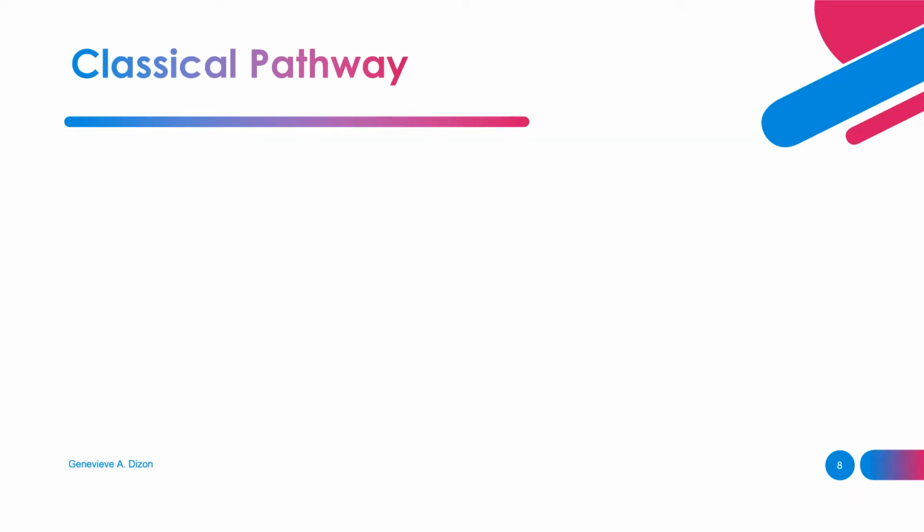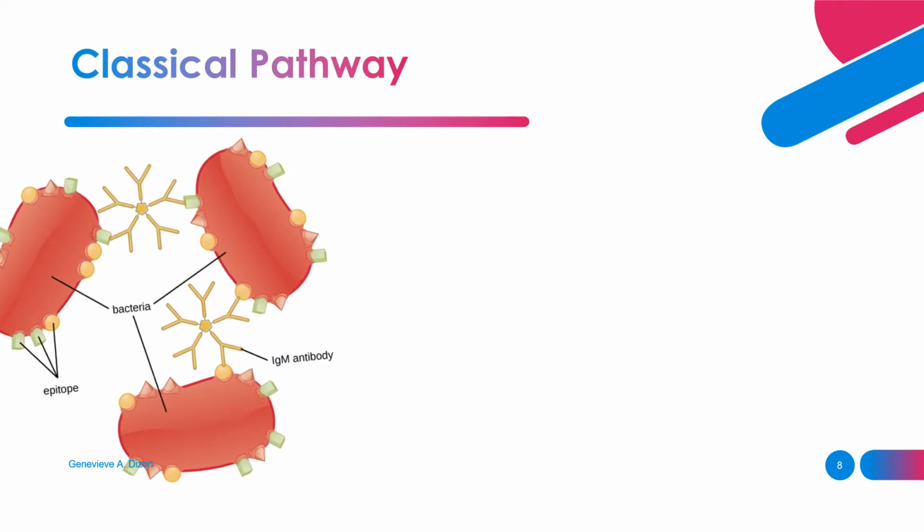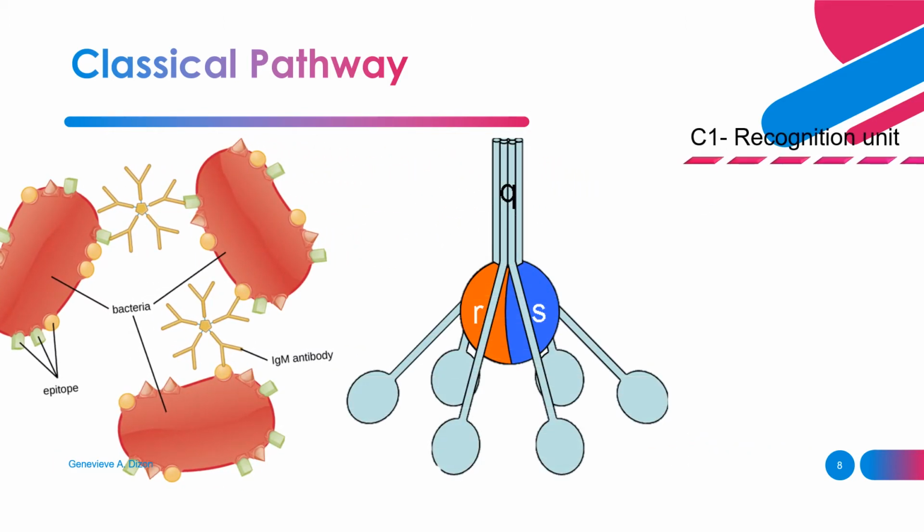Let us now discuss the classical pathway in detail. The activation of the classical pathway starts with the presence of the antigen and the antibody complex. The first component of the classical pathway is the C1. This is the recognition unit of the classical pathway, which is a macromolecule held by calcium.